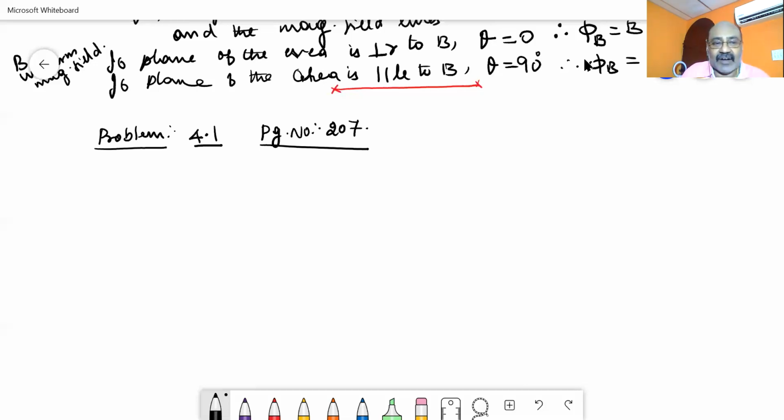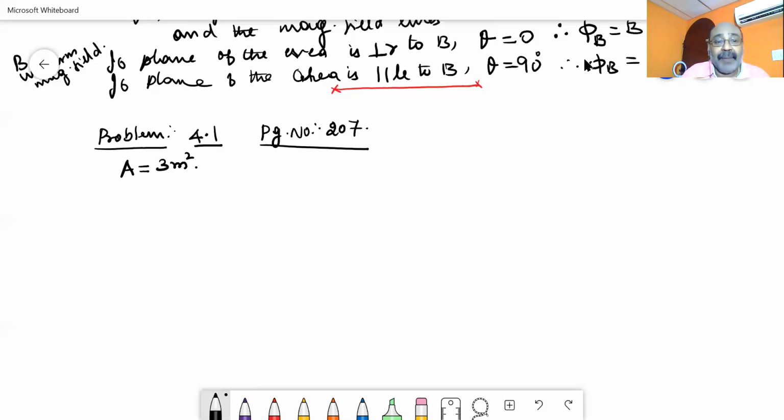So the first concept given is the area of the antenna, which is circular in shape, 3 meters square. The place is Madurai, let us leave it out. The plane area of the antenna is inclined at 47 degrees with the Earth's magnetic field.